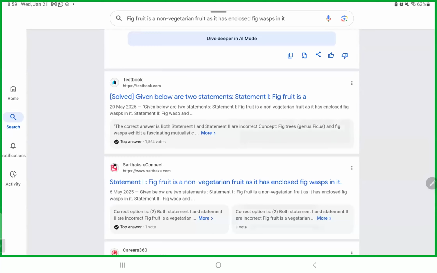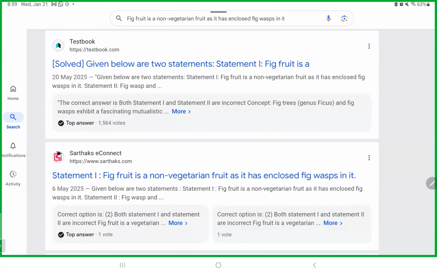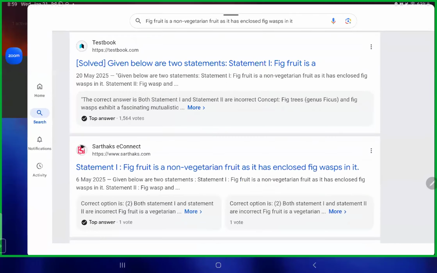Even people who are not studying biology or medicine, even arts people, will say, oh, I used to eat this fruit, this is non-veg, I will not eat. So it is a controversial statement, right?